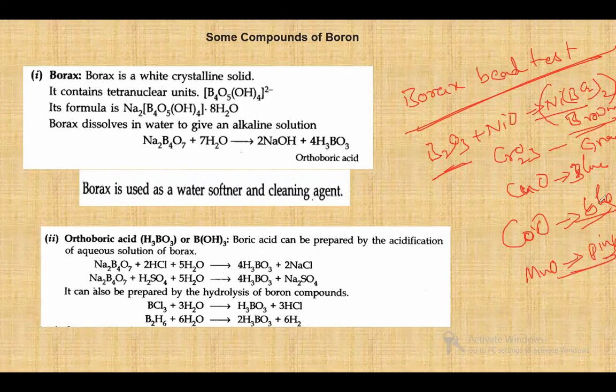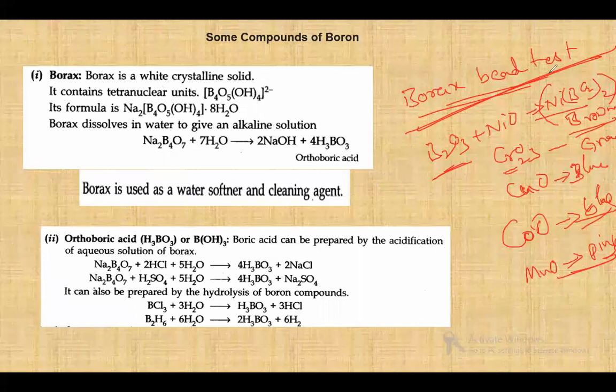This is how we can identify metals, especially transition metals, in metal borate form, which gives the color. This is known as the borax bead test. How do we get this?